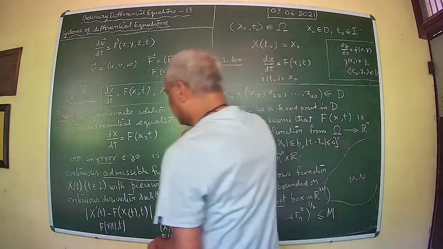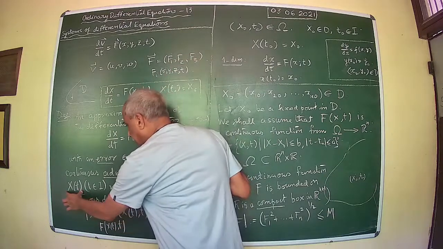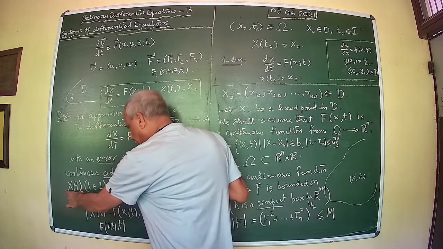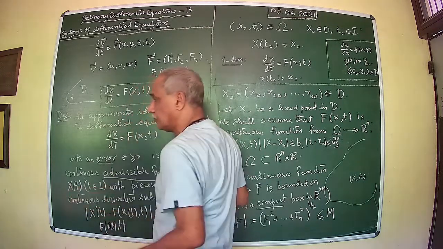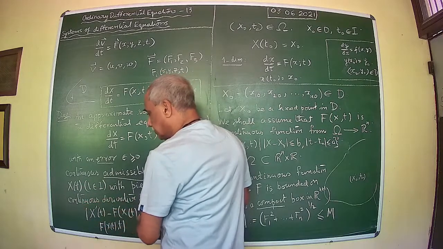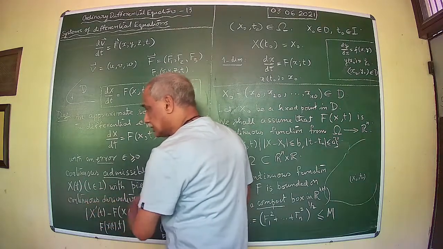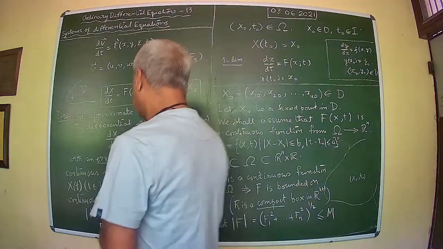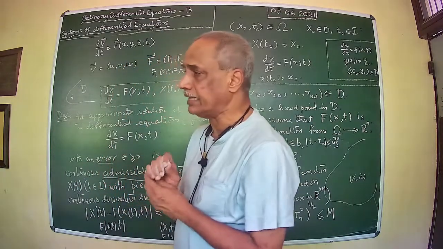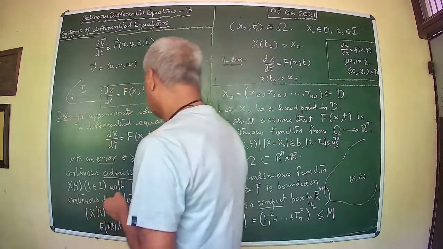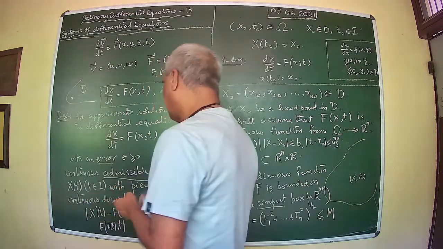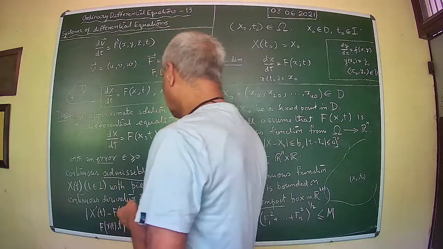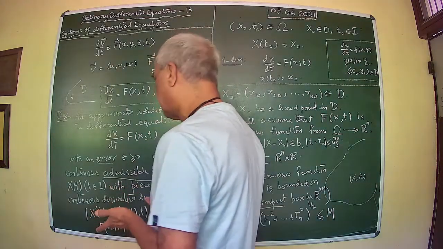And you are looking for a continuous function with a piecewise continuous derivative, which means there are intervals on which it is differentiable, but not necessarily everywhere. It is differentiable except for a finite number of values of t, and the derivative is piecewise continuous.